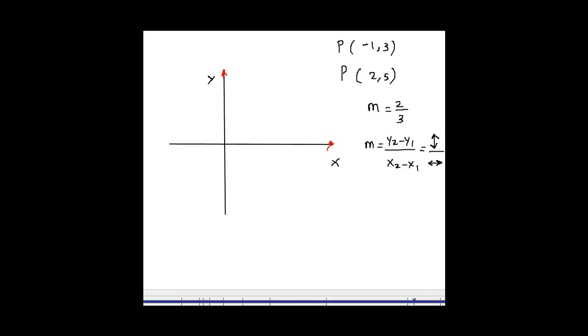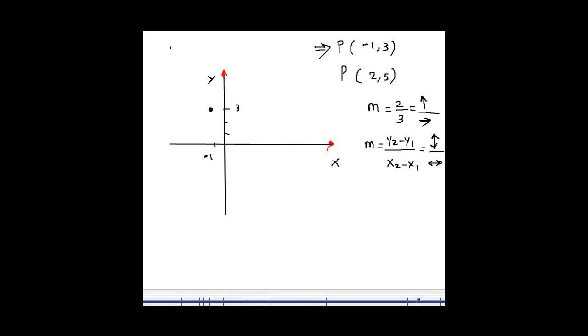One way to graph this using the slope and a point, you can pick one of these points and locate it. If x equal to -1, y is equal to 3. So your graph is going to pass through this point here, -1 and 3. So from this point here, since the slope is 2/3, it means you're going to move 2 units up, 3 units to the right from this point here.